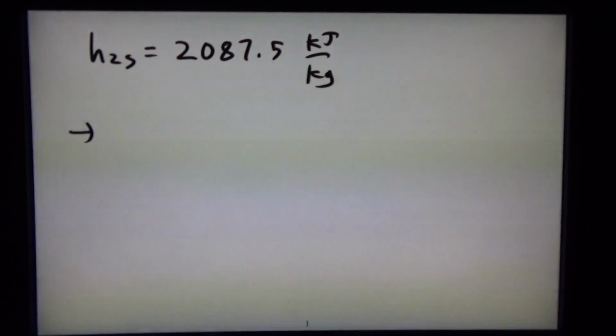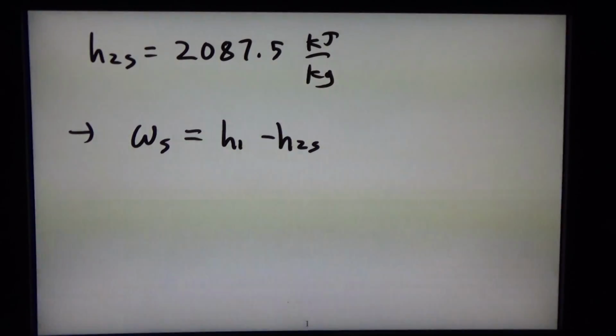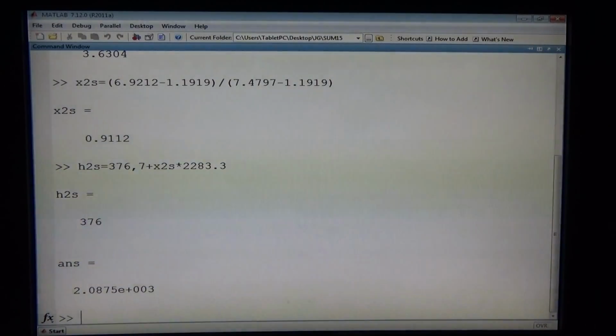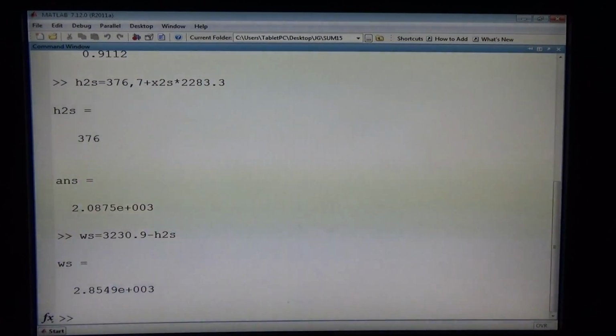Then we can calculate the work for the isentropic turbine, H1 minus H2S. So WS is 3230.9 minus H2S. Sorry, I've been making some mistakes I've noticed here.